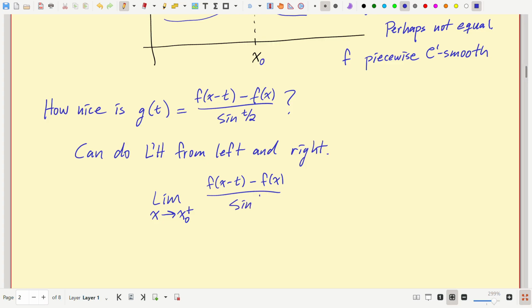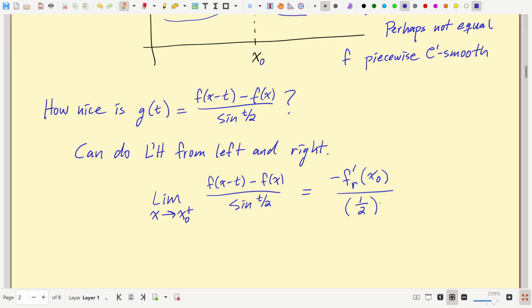Remember, I did L'Hopital's more carefully last time, but on the top you get minus f plus, I'll put an r here for right-hand derivative, so f prime at x naught, and 2 times that, let's see, this would be a half on the bottom. So the 2 would go up on the top.